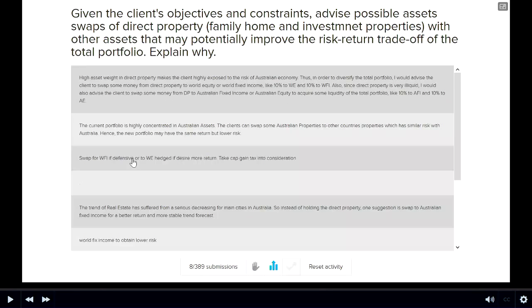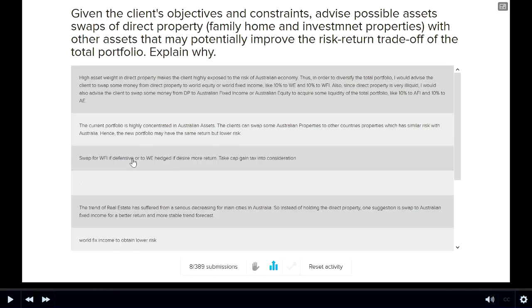So I'll just speculate. You probably want to take into consideration the investor's risk tolerance in the asset swap. So if the investor has high risk tolerance, you advise swapping direct property to world equity. If the investor is really risk averse, you advise swapping Australian direct property to world fixed income.